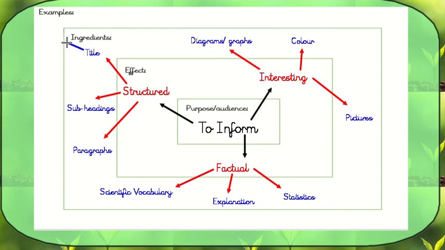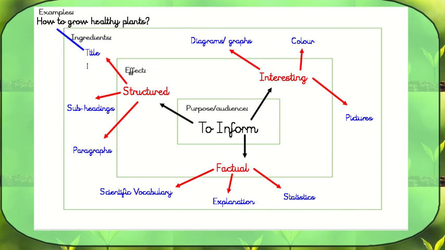So, for example, you're going to have to come up with an idea for your title. What could your title be? It could be a plant growing guide, or perhaps you might write how to grow healthy plants. That could be your example of your title.